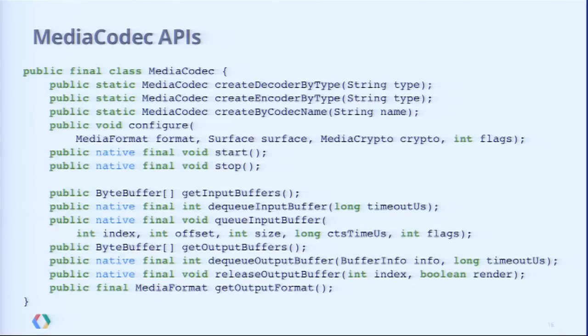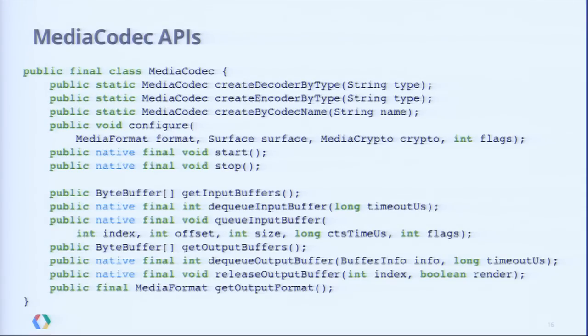If it's a video track and you decide to render the video to a surface, you pass the second argument, the surface argument. If your data source is encrypted, then you need to provide a MediaCrypto object.